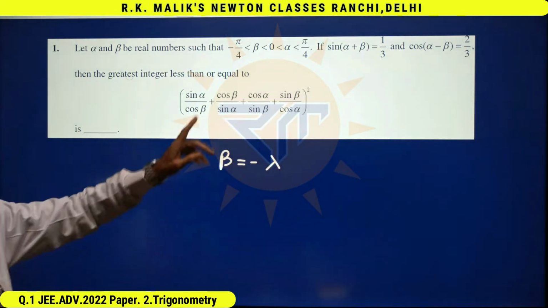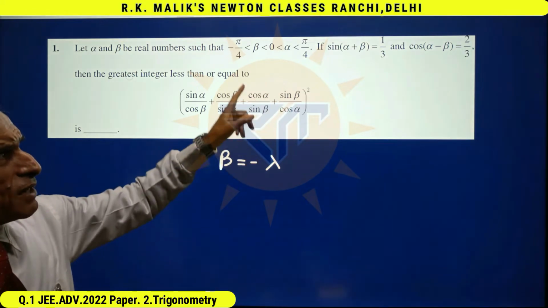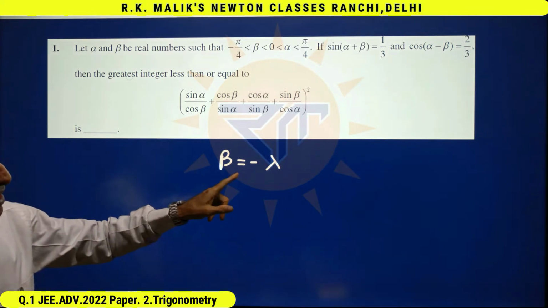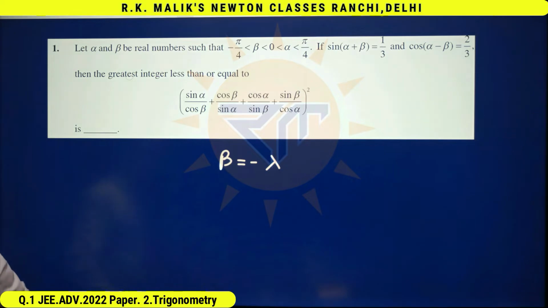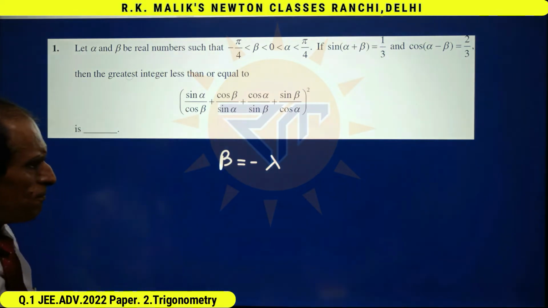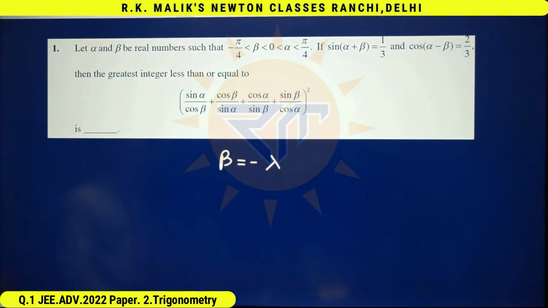That is, alpha also lies between 0 and pi by 4, lambda also lies between 0 and pi by 4, and because it is easier to deal with positive numbers, I use minus lambda instead of beta, because minus can be adjusted here very easily. Agreed, it is not very useful here, but at many other places it becomes very useful.